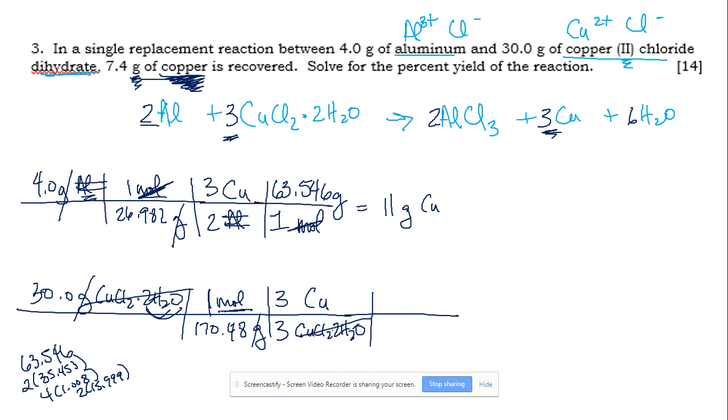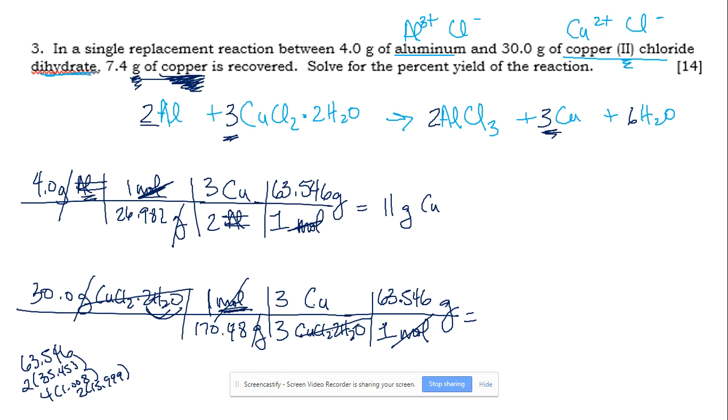So we're going to do that by putting our moles on the bottom so that they go away. Grams on the top, that's what I want. How many grams in 1 mole of copper according to the periodic table? 63.546 yet again. And so now my moles are canceled out. I have grams of copper. This is what I want. Do that math. 30 times 1 divided by 170.48 times 3 divided by 3 times 63.546 divided by 1.